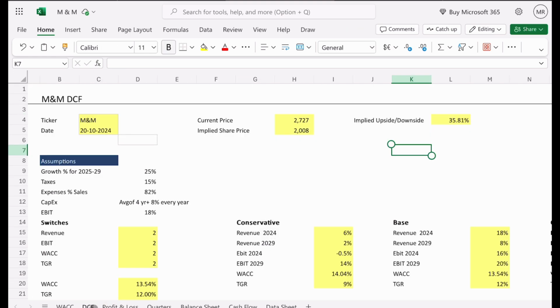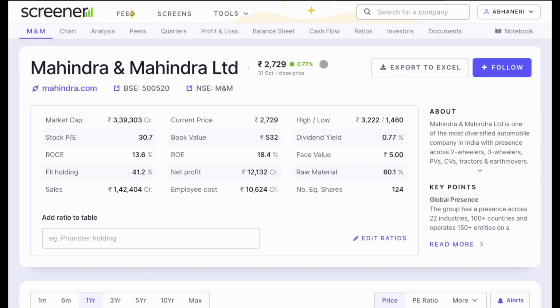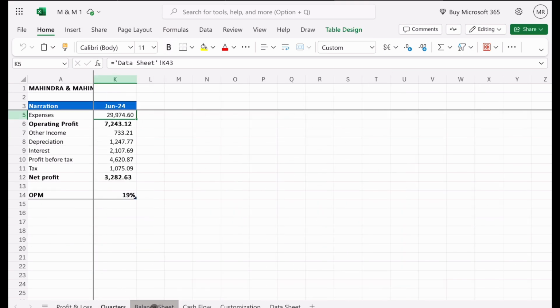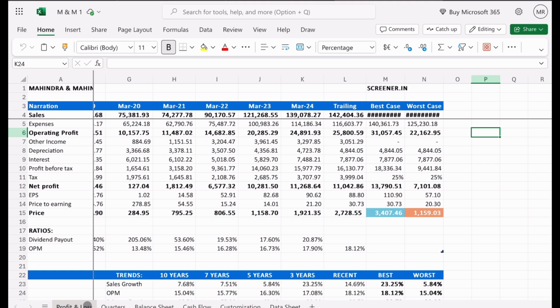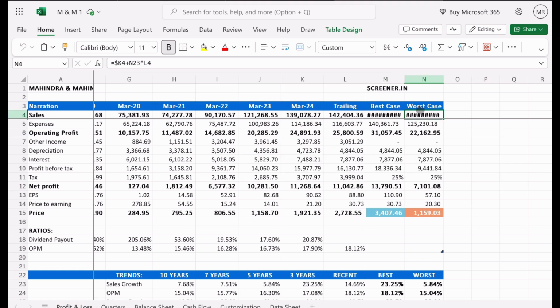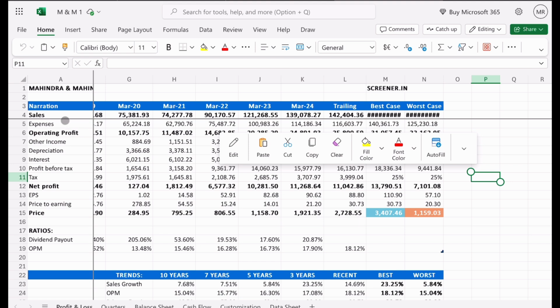For the assumptions part, I've gone on Screener, and you see here I have typed Mahindra and Mahindra, and you can see the export to Excel. You can export to Excel and you will get a file like this. You have profit and loss, quarter, balance sheet, etc. And they have their best and worst case scenario for the sales, expenses, and everything.